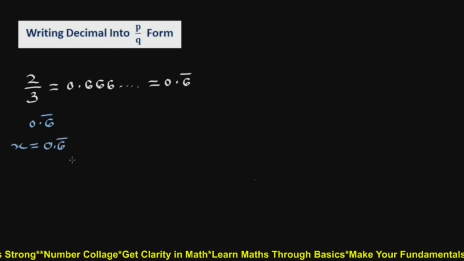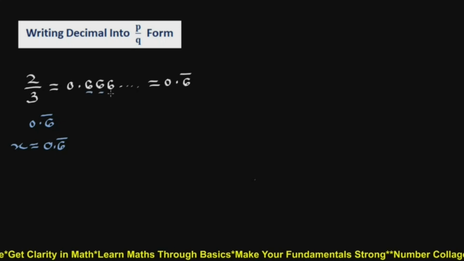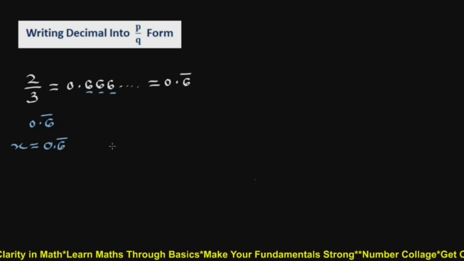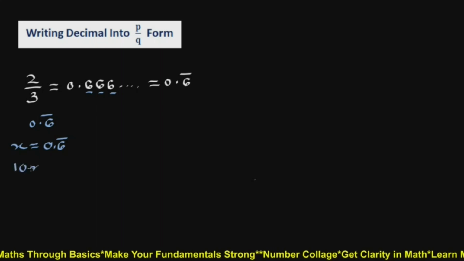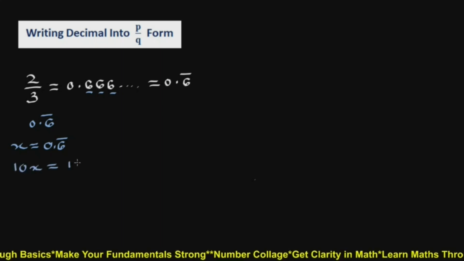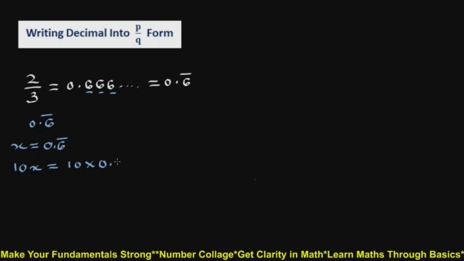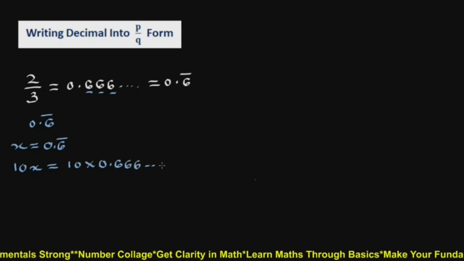Next, we see that only one digit is repeated after infinity. So we will multiply this statement by 10. So this will be 10x is equal to 10 multiplied by 0.666 up to infinity.